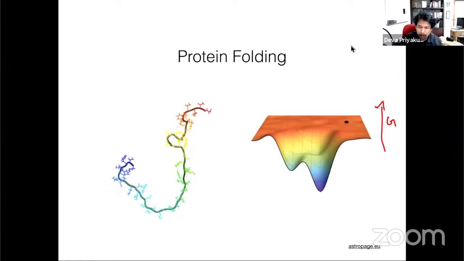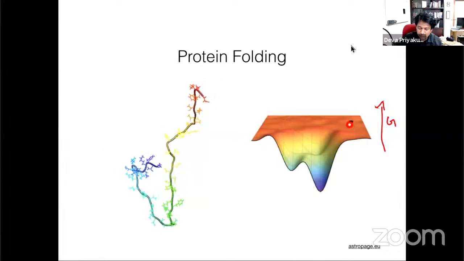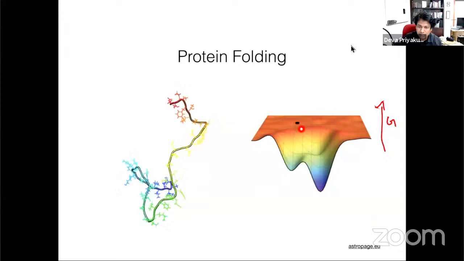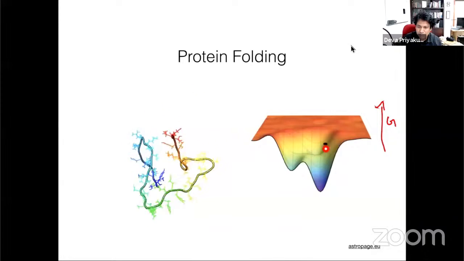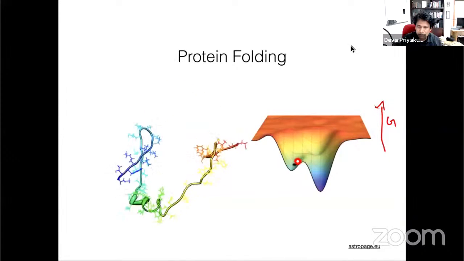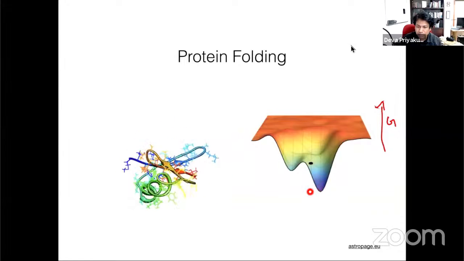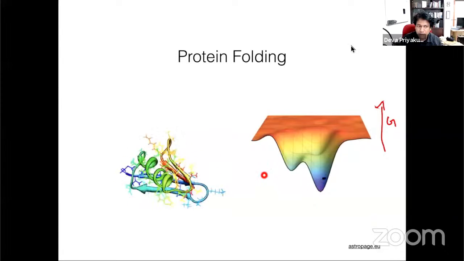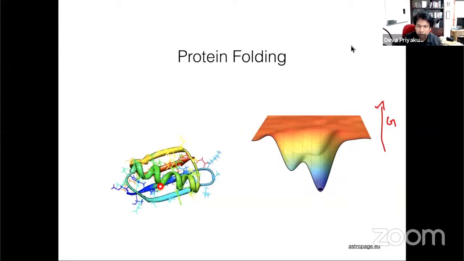But during the folding, the energy slowly changes and the structure also changes, and the energy decreases to go to a state which is very stable. And you can see that the structure actually does look like a protein now. Okay, right. So this is basically protein folding.